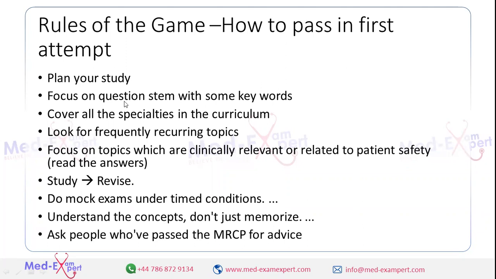Sometimes you will have a very long question and ultimately they ask a basic science question. For example, they give you a lot of information about atrial septal defect, and ultimately they ask how the septum primum and septum secundum develop, from which part of the embryonal structure. So you need to read the questions carefully and identify the keywords. I also recommend that if the question is quite lengthy, go through the options. You will know what they are going to ask.